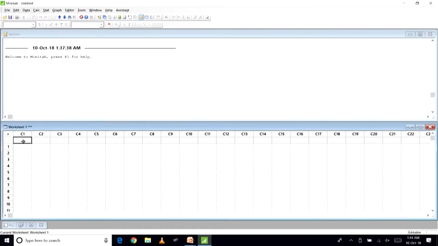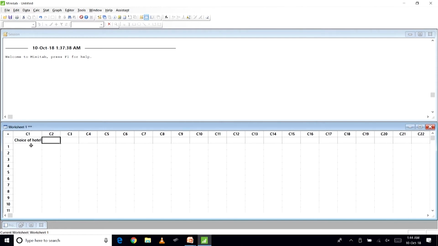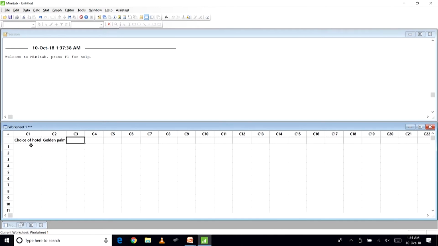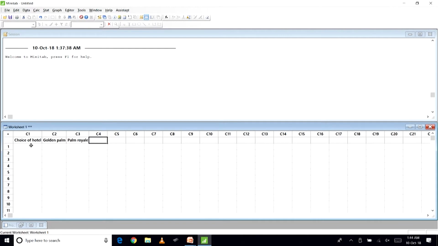So, let us solve this question using Minitab. First of all we will go for data entry. The choice of hotel: you have got Golden Palm, Palm Royal and Palm Princess.